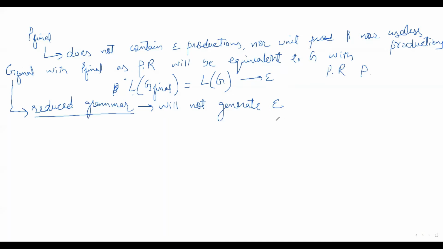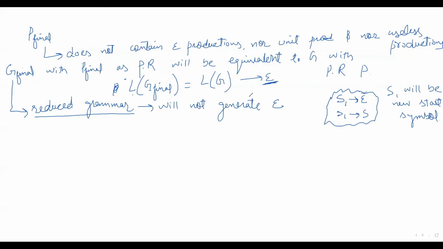You have to add a new rule: S1 gives epsilon and S1 gives S. S was our original start symbol. Now S1 will be the new start symbol. By adding these two extra rules to our reduced grammar, we will be able to generate epsilon as well. So you have to keep this in mind.